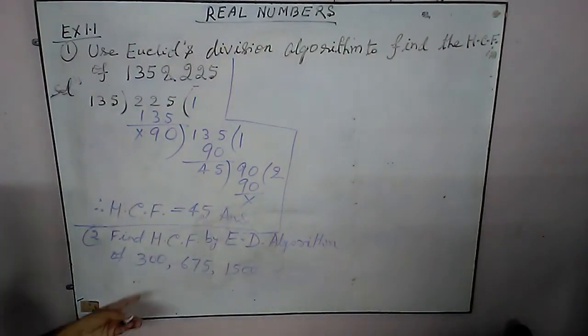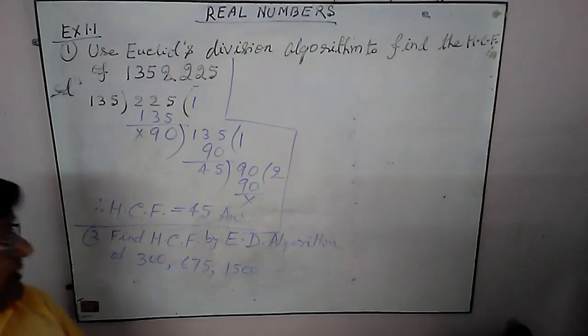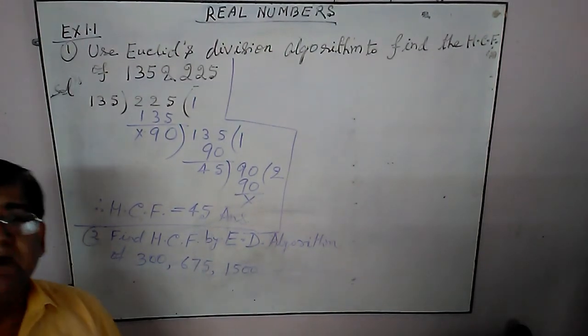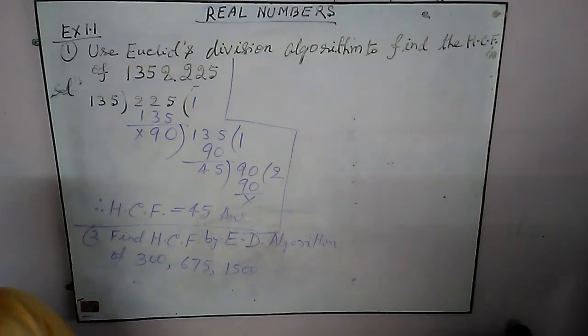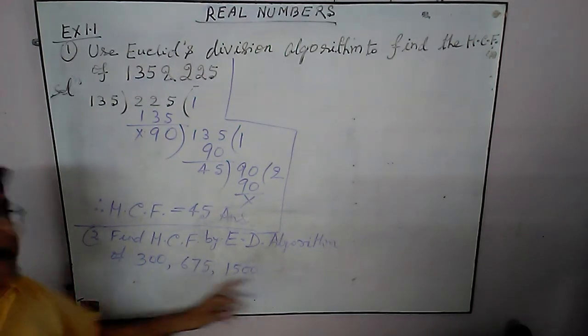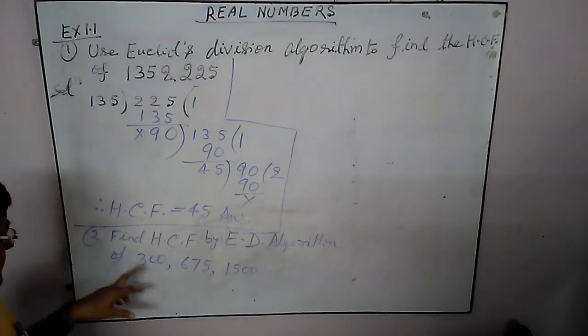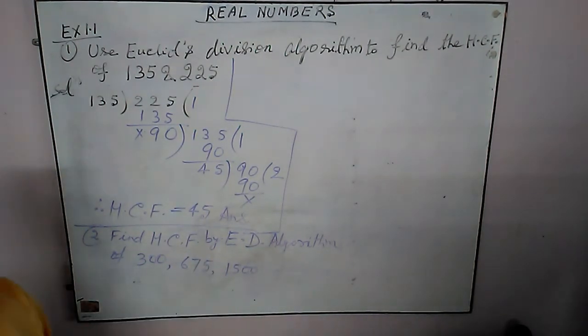Suppose we have taken three numbers: 300, the second number 675, the third number 1500. How will you do this? Take any two numbers. It is not necessary that they are the first two, or the first and last, or the second and third. You can take any two numbers. Here we are taking 300 and 675.